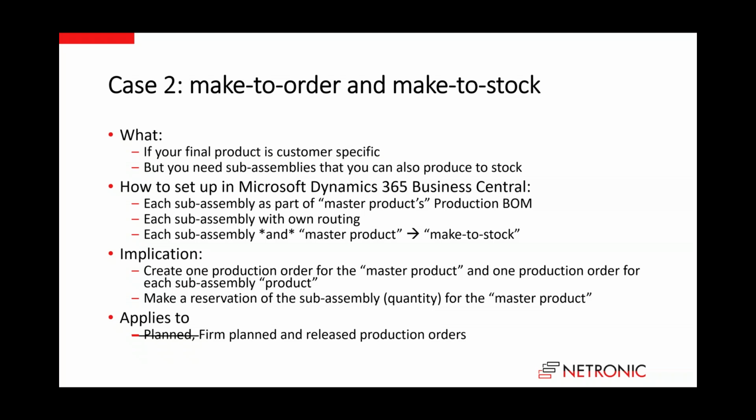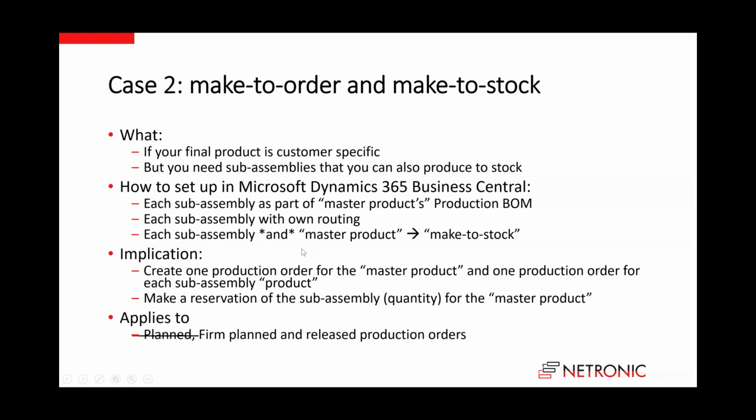Again, the sub-assemblies must be part of the master product's production BOM. If you build them, they need their own routing, but you set both the sub-assembly and the master product up as make to stock, so that you don't have this automatism that the production order lines within the production order are automatically populated.